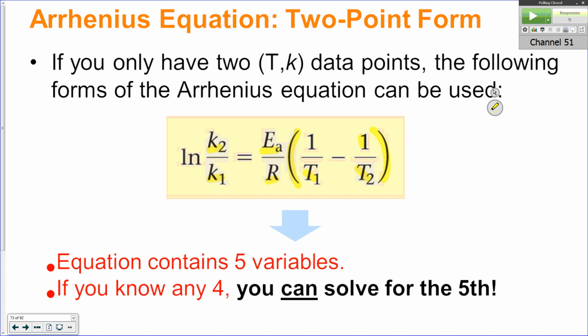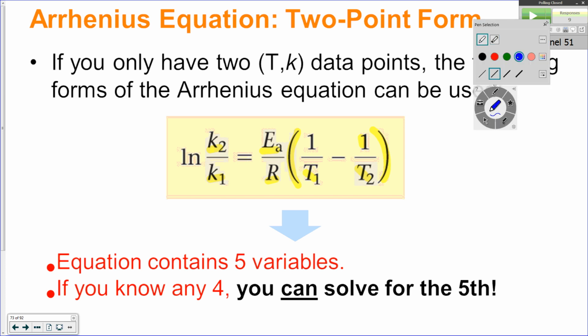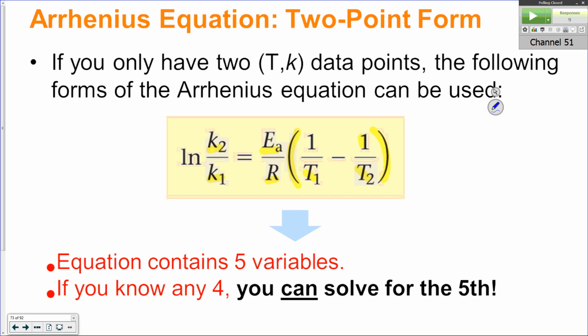And if I look at this, there are basically 5 variables. The only thing that's not a variable in it is R. I know what R is. So there's 1, 2, 3, 4, 5 variables to solve for in the system. If I know any 4, I can figure out what the 5th is.